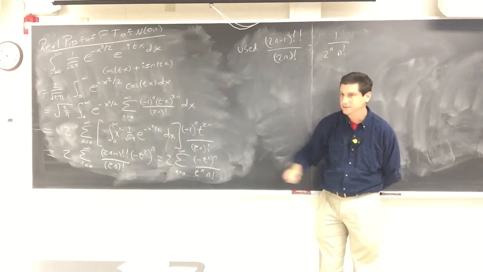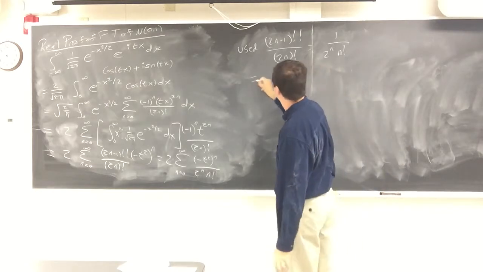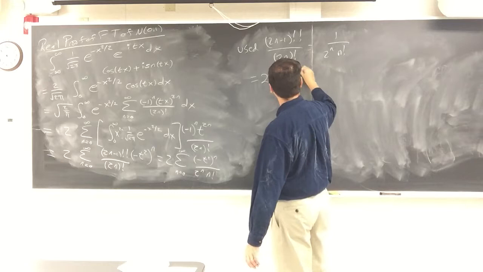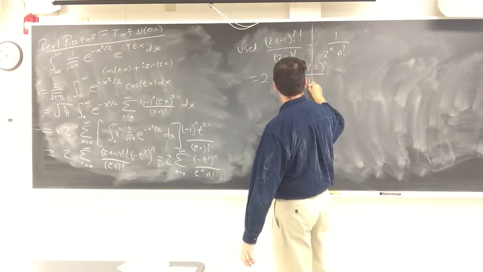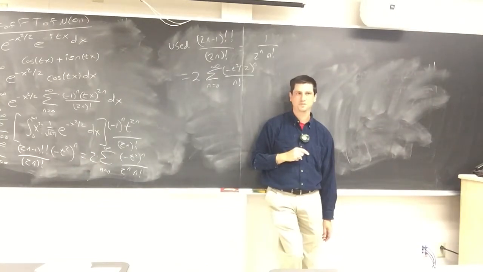How should we combine? We've got negative t squared to the n over 2 to the n factorial. This is the same as 2 sum n goes from 0 to infinity of negative t squared over 2 to the n over n factorial. Do you recognize that function? What's that function equal to?